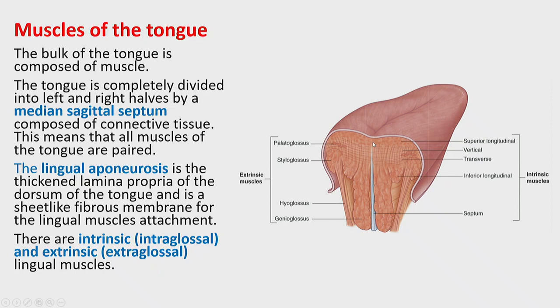The other one that we also mentioned is the lingual septum, or the midline sagittal septum, which divides the tongue along its length into left and right. These two very dense connective tissues, the lingual aponeurosis and the lingual septum, are the places for attachment of all these muscles.